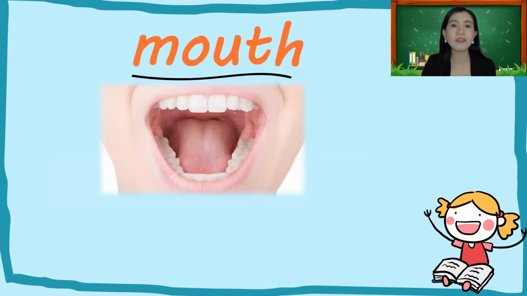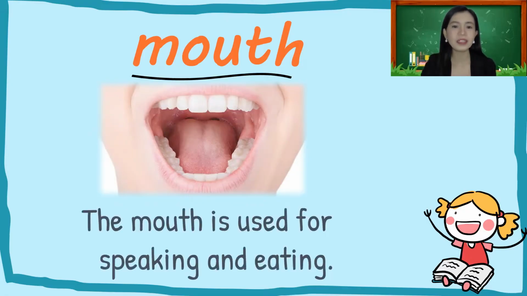Next, we have mouth. Can you touch your mouth? Good job. So, the mouth is used for speaking, like what I'm doing right now, I am speaking or talking, and eating foods.